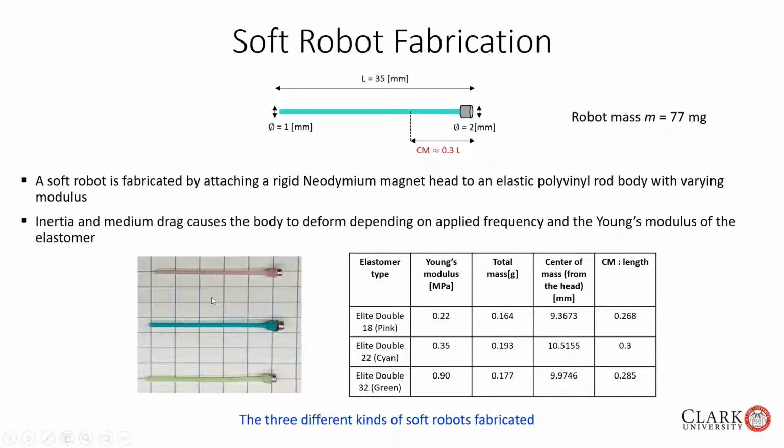From top to bottom in this picture on the left, these versions of the robot have different Young's modulus, and the inertia and medium drag cause the body to deform depending on the applied frequency and the Young's modulus of the elastomer. We also found that across all these versions, the center of mass to length ratio is around 0.3.